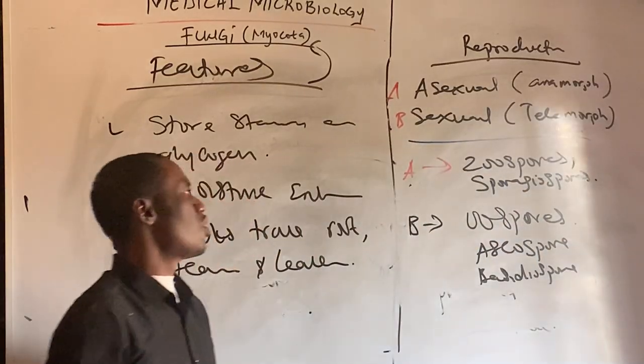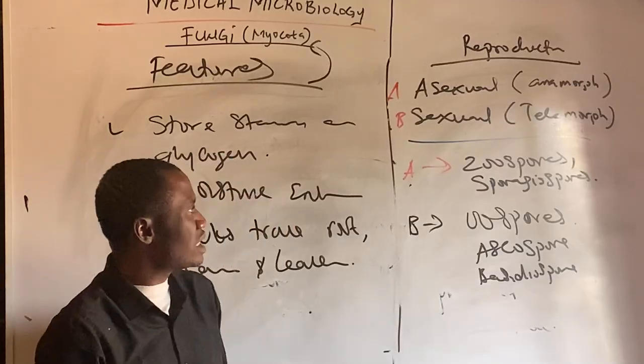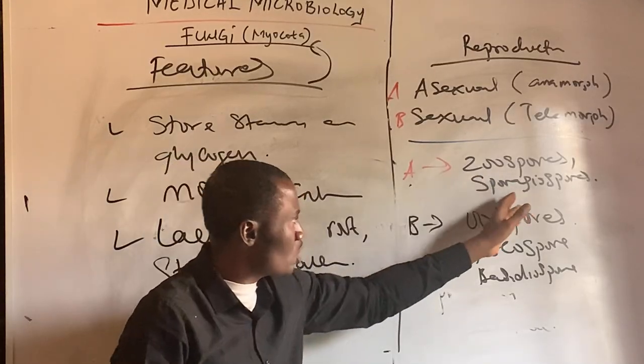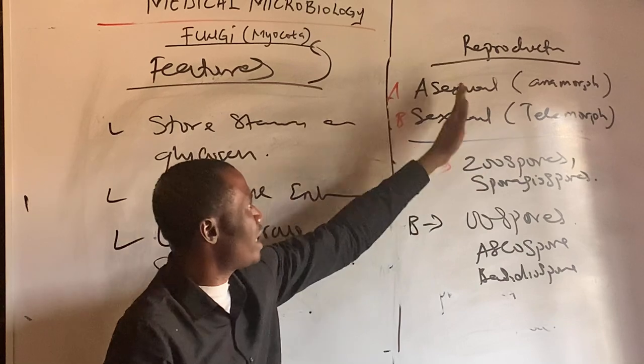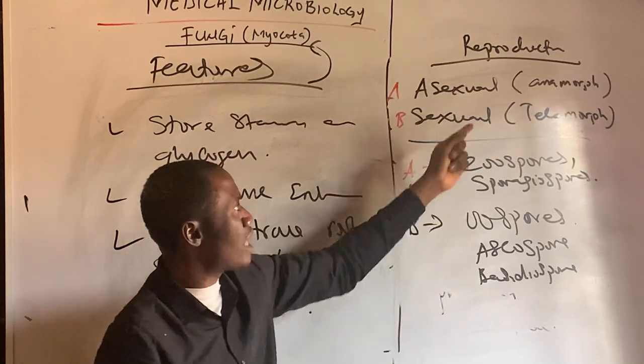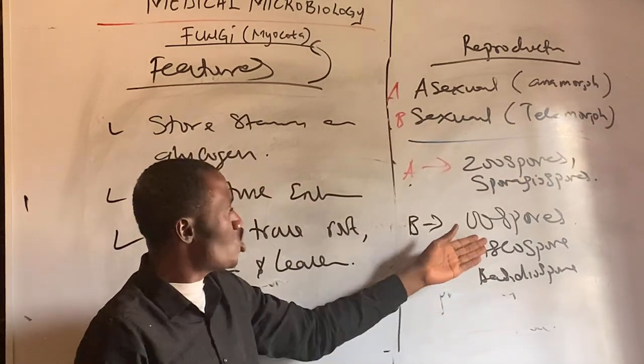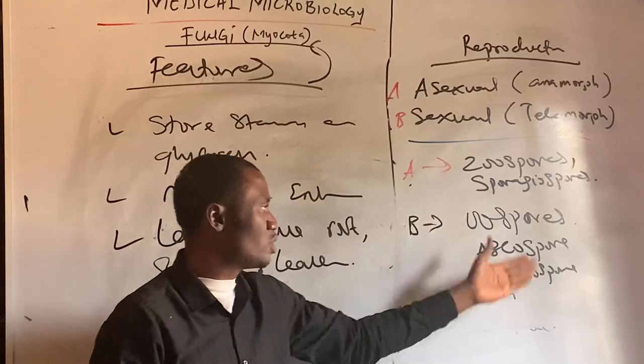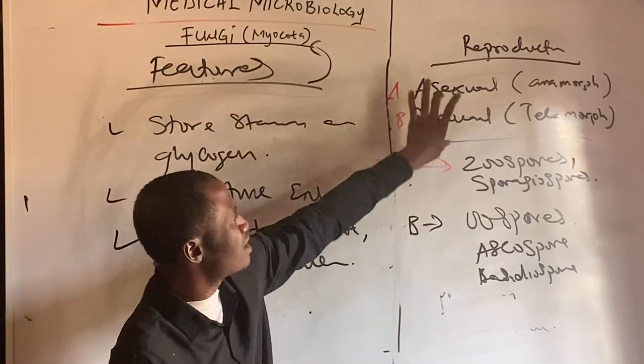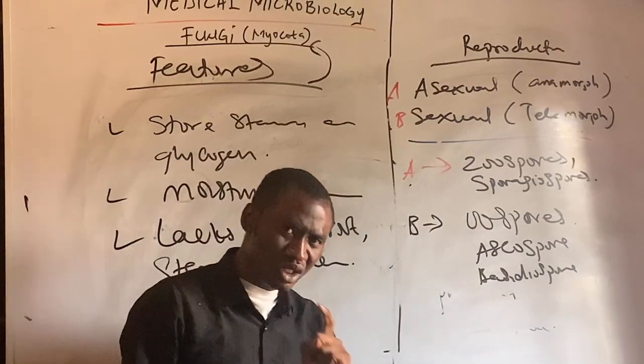So this is what we need to know. The zoospores or the sporangiospores are involved in asexual reproduction, which is known as anamorph. Now, the oospores, ascospores, basidiospores are involved in sexual reproduction. You need to pick that.